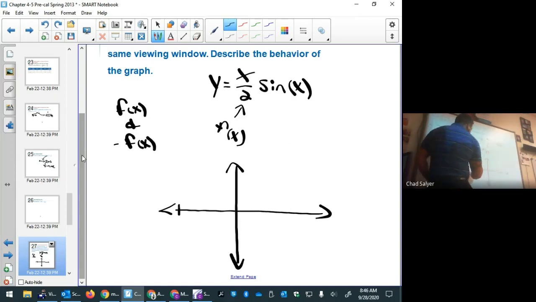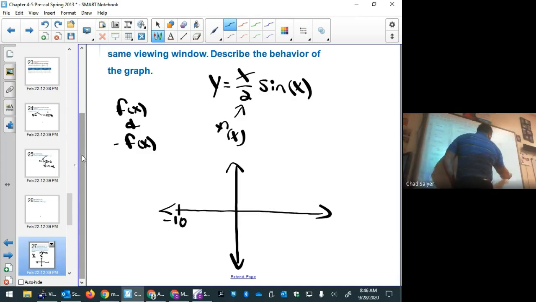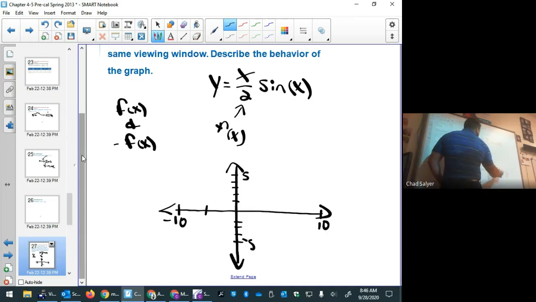So let's see. Let's go from negative 10, 10, 5, negative 5. Okay, so x over 2 is just going to start at the origin and has a slope of 1/2. So over 2 up 1. Over 5 up 2.5.